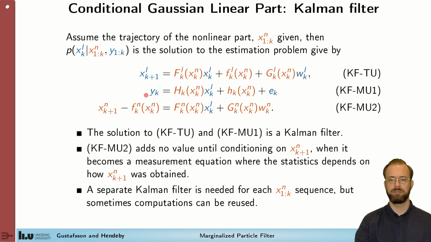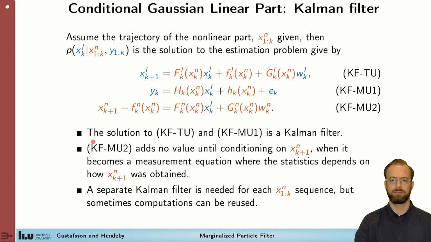We have a measurement here. So given again the red parts, this is a linear equation that you can solve using the Kalman filter. And then we have this, which is actually the time update of the nonlinear parts, that we can deal with as a measurement update if we also have the next time step of the nonlinear part.